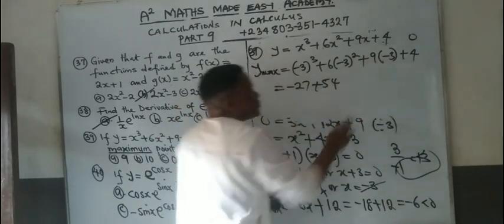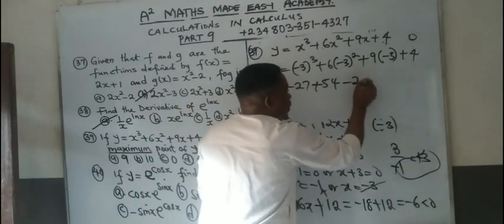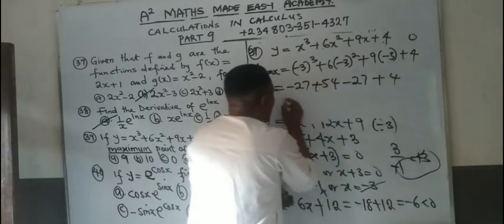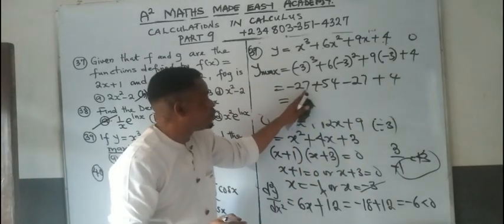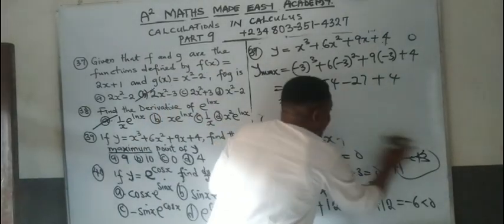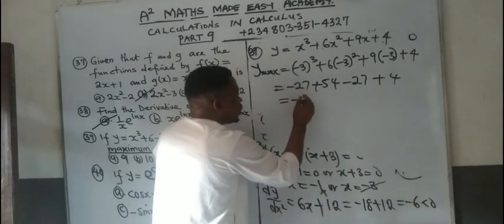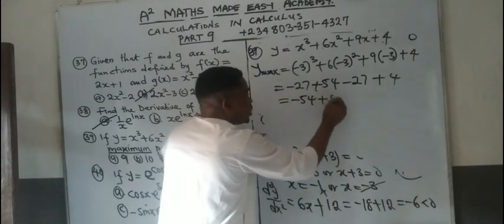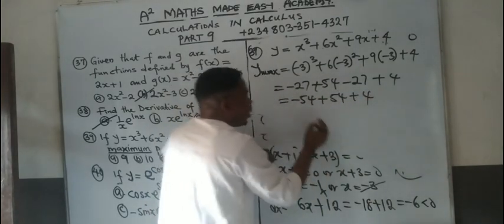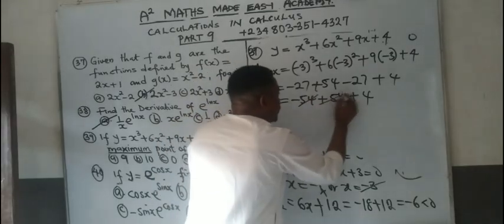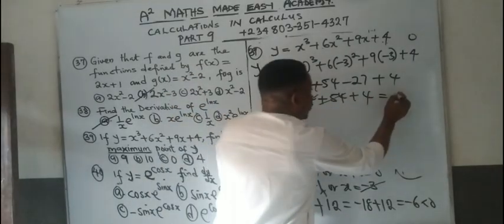Then 9 times minus 3 gives minus 27, plus 4. So minus 27 and minus 27 gives minus 54, plus 54, then plus 4. Minus 54 plus 54 is 0, and 0 plus 4 gives us 4.